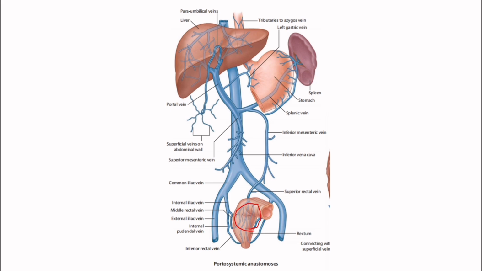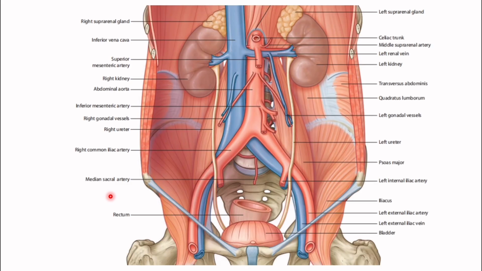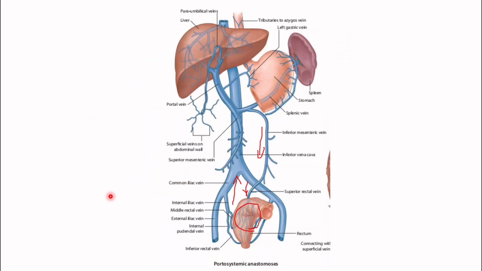They start to become swollen due to the fact that blood is now going via this route to go to the systemic system. The systemic system is formed from the inferior vena cava. Okay, so that was the sigmoid colon and the rectum.